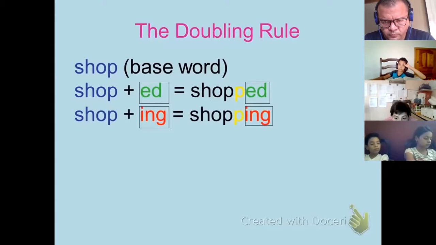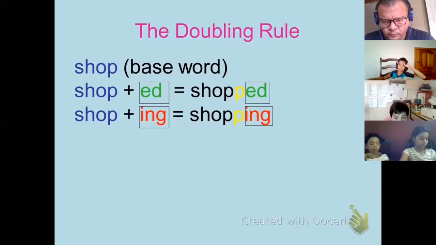Boys and girls, this is because there is a special rule in this pattern. There is a vowel and then a consonant. If you look at the root word shop before the ed, you see the O is a vowel, the P is a consonant. That is a rule. Vowel plus consonant, you have to double the consonant, hence doubling the P to add ed.